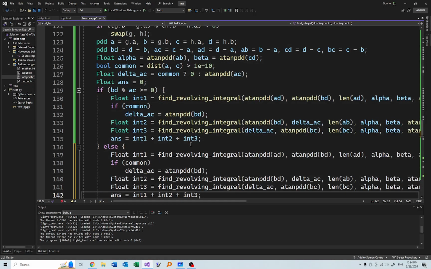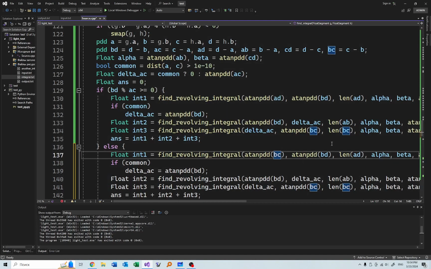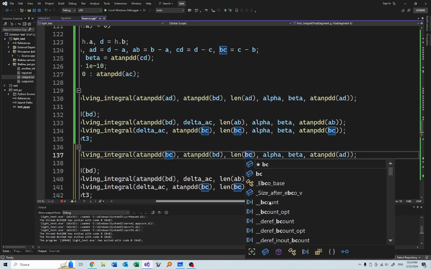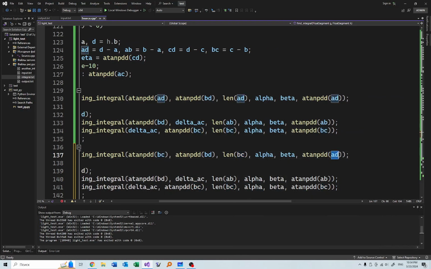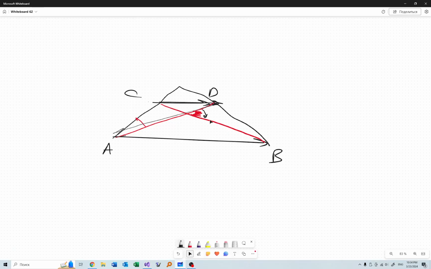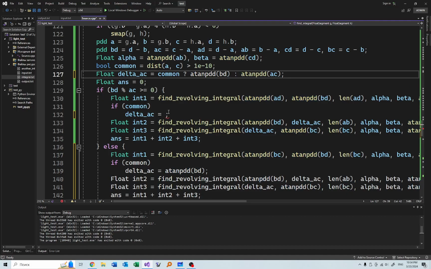From BC to BD we have BC. Then from BD to AC. Actually, yeah, we can draw like this, always.